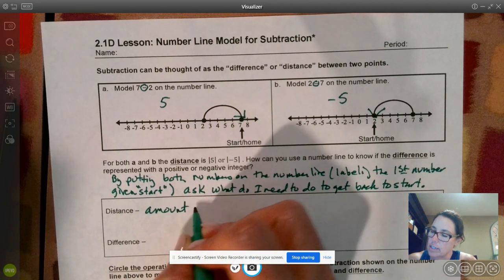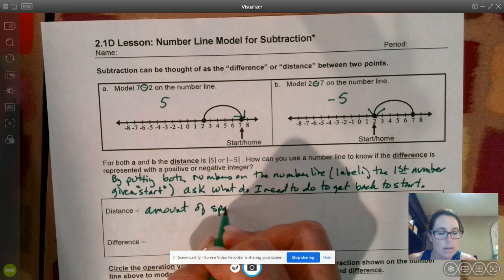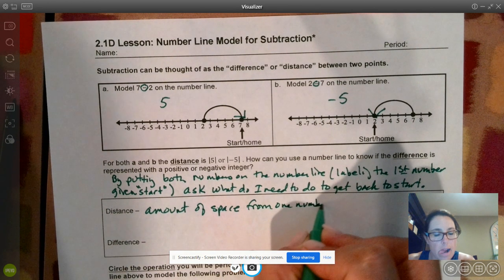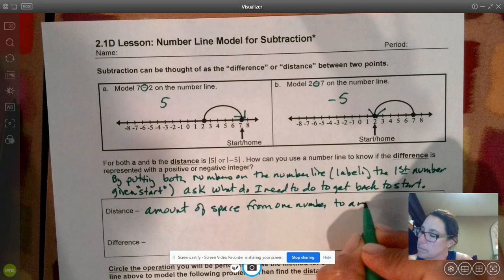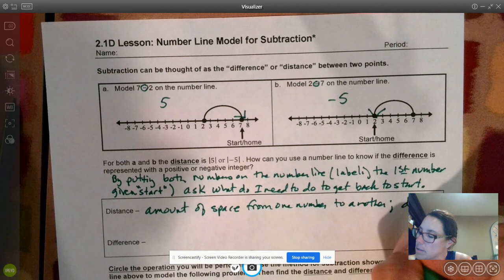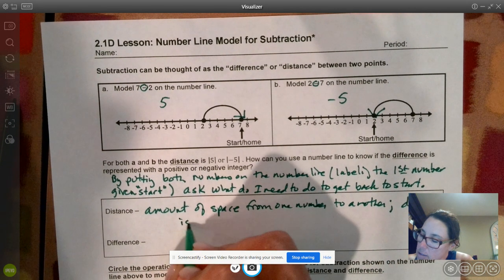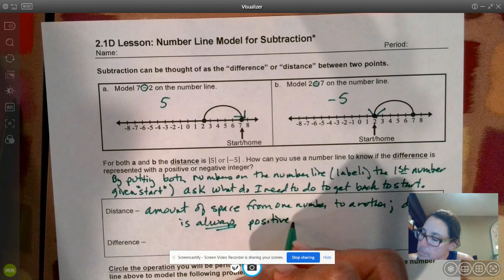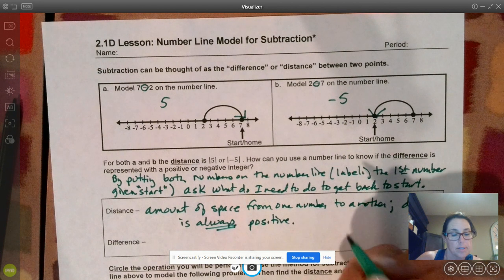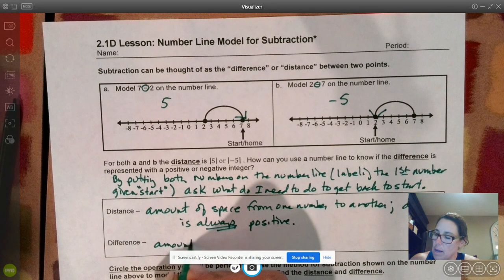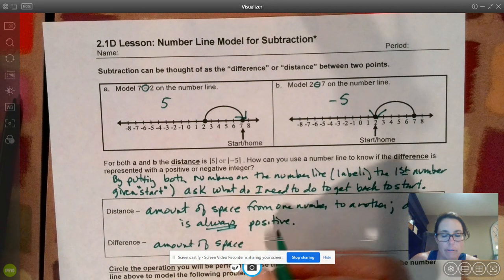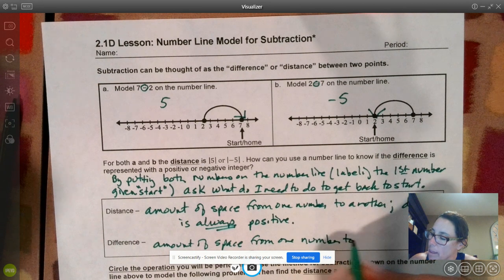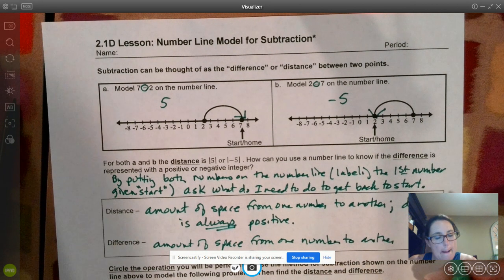Okay, all right, the distance. The distance, the definition is the amount of space from one number to another. Distance is always positive. Now the difference is the amount of space from one number to another.